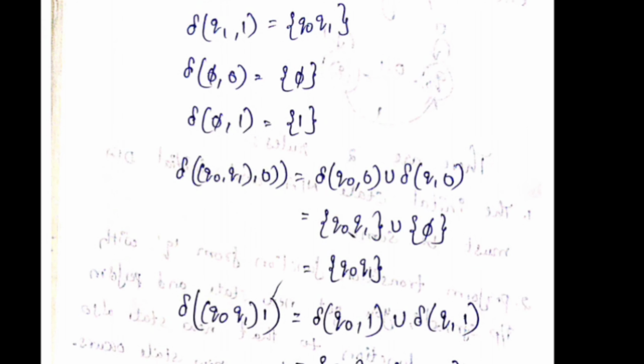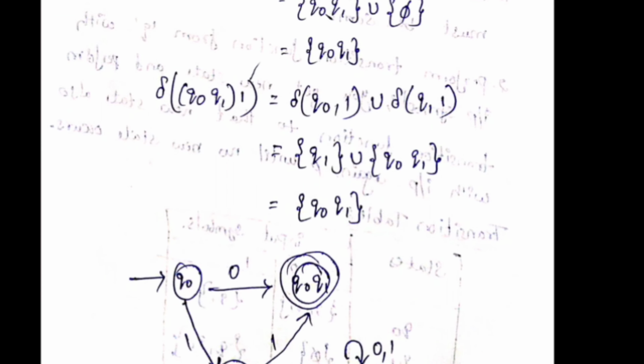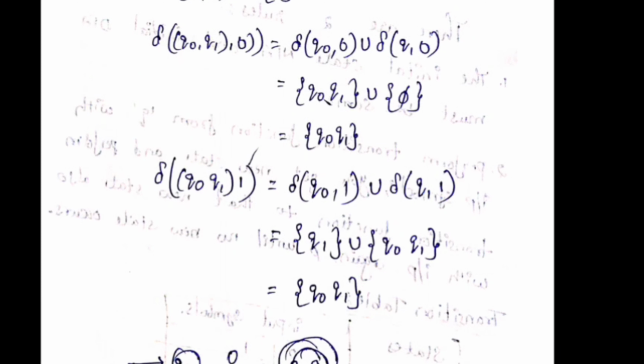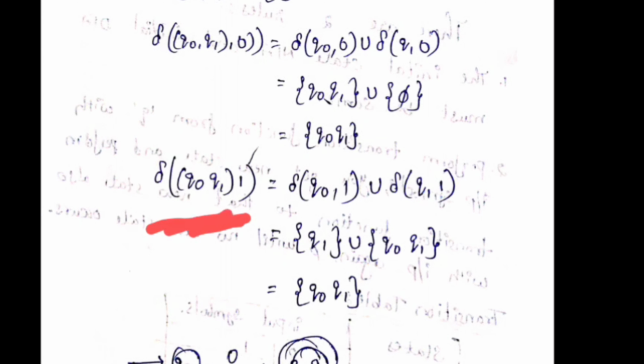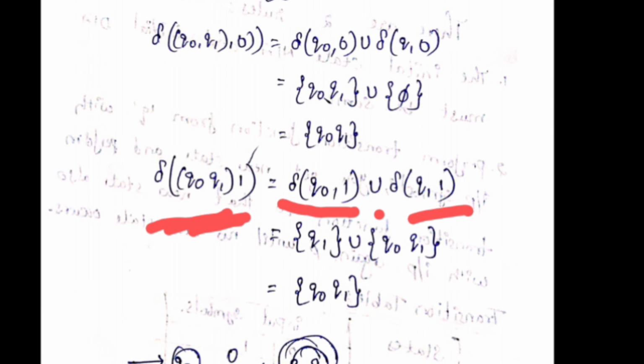Next, with the input symbol 1, we need to write the transition function. Delta of Q0 comma 1 with the input symbol 1. You need to write it like this: delta of Q0 comma 1 union delta of Q1 comma 1. Here delta of Q0 comma 1 is Q1.